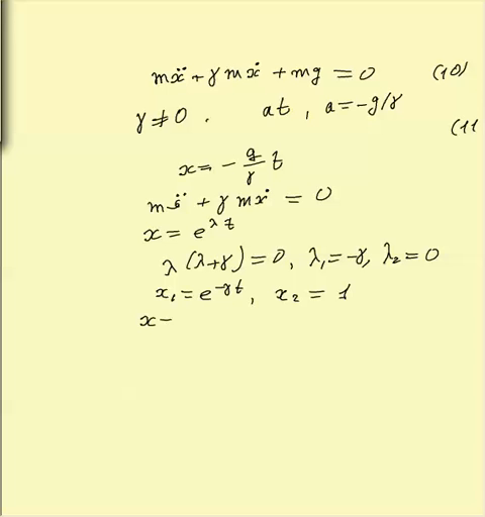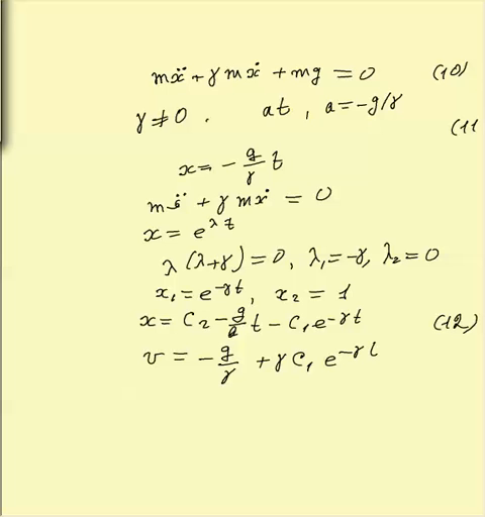So this is x equals c2 minus g over gamma times t minus c1 exponent minus gamma t. Equation 12. From here we immediately obtain, by differentiating, the expression for the velocity: v equals minus g over gamma plus gamma c1 exponent minus gamma t.